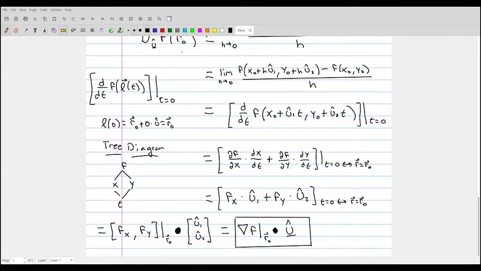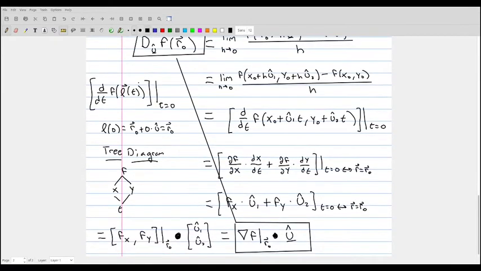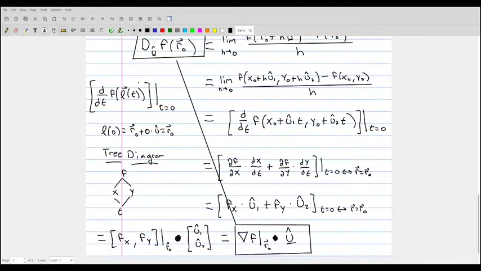Right, and what we've just done is derive a very nice and compact way, for any function, of determining the directional derivative. The directional derivative of a function at a point r0 in the direction u hat is exactly the gradient of that function, vector dot product with the direction vector, the unit vector that points in the direction we're looking at.